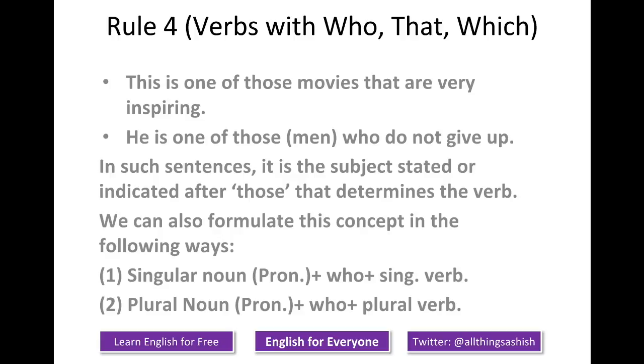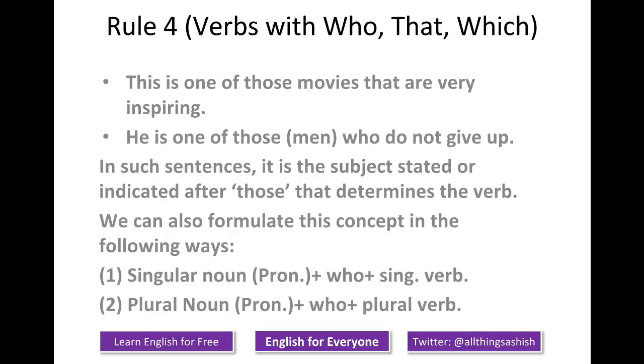So depending on whether you have a singular or plural noun or pronoun before who, you will choose your verb. And of course, when I say who, I mean it could also be that and which.